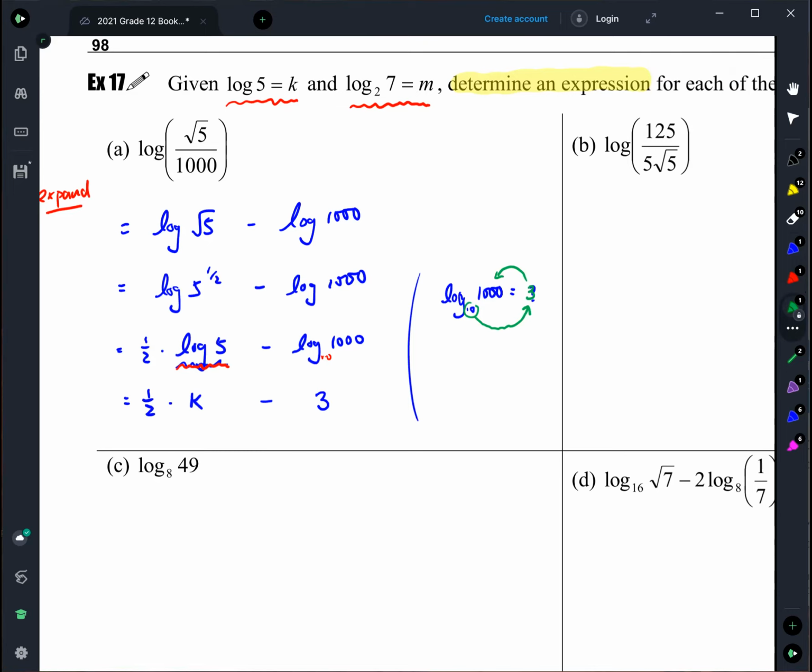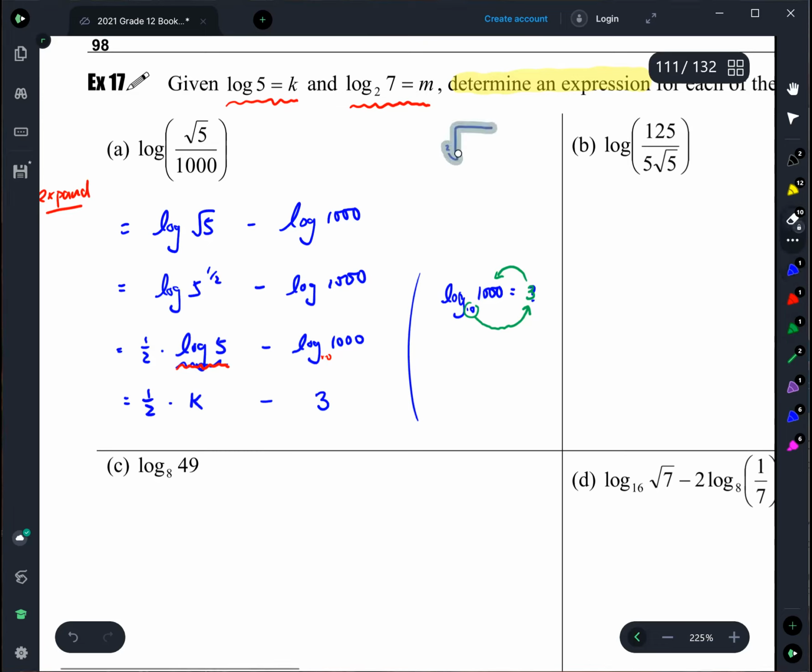If they don't show you the base, that means it's a base of 10. An invisible base, just like a square root. If they don't write anything outside, then that's a square root. Invisible ones by default. So that's the final answer that we want to get to.